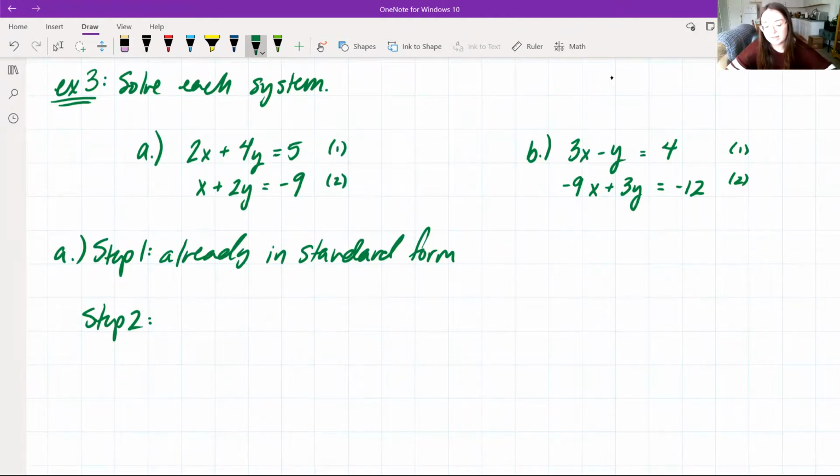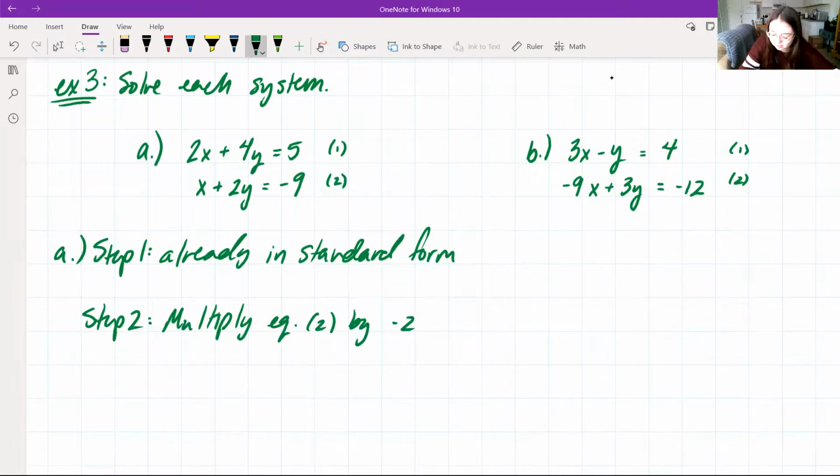In equation 2, we have x plus 2y is equal to -9. So our coefficients for x are 1 and 2, and our coefficients for y are 2 and 4. So let's multiply equation 2 by -2.